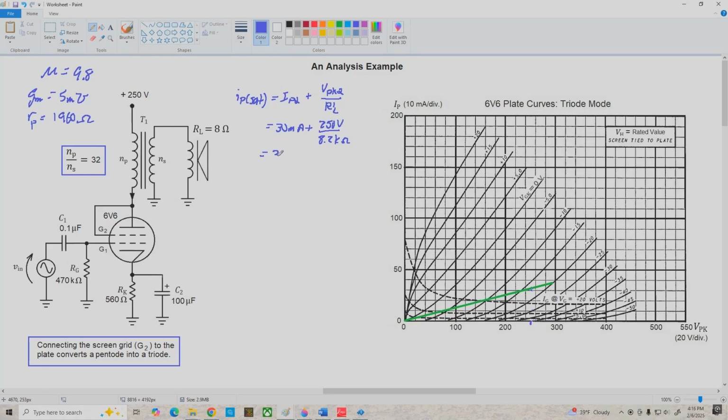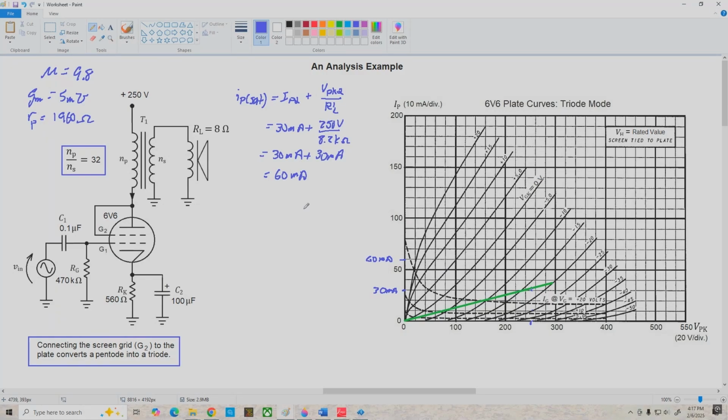And that gives us 30 milliamps plus 30 milliamps, which is 60 milliamps. And that's good because what we'd like is a Q point that's centered on our AC load line. So if we're sitting at IPQ of 30 milliamps and IP sat is 60 milliamps, that means we're centered on the AC load line. And that's as good as it gets.